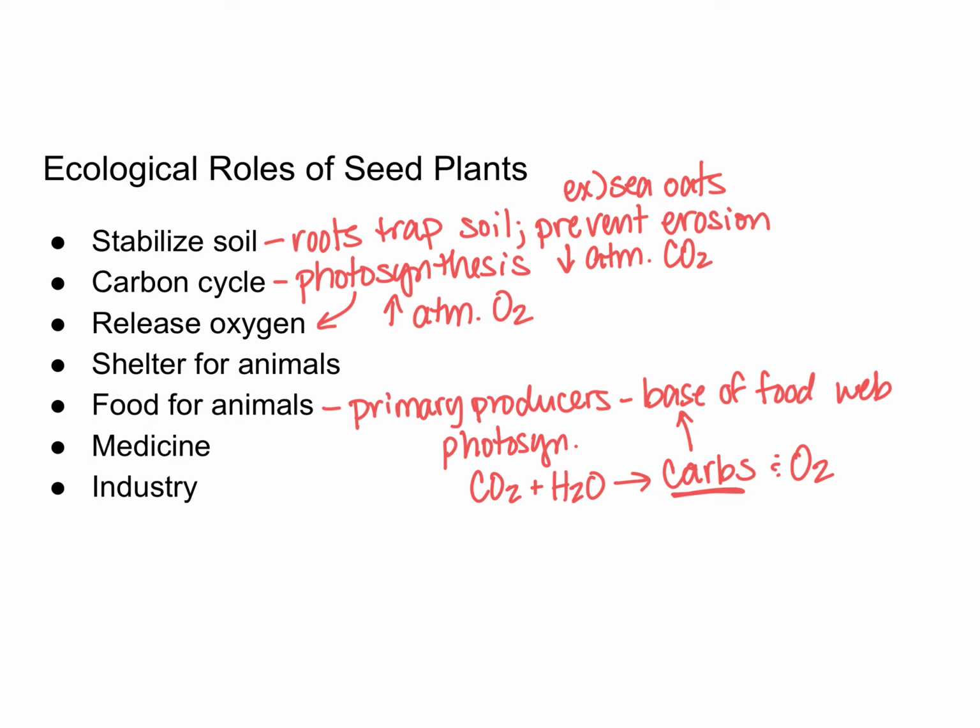Also things like textiles. So think of things like cotton. Cotton is produced by a seed plant, and a lot of our clothing is made of cotton. You can also think of things like lumber, et cetera, et cetera.